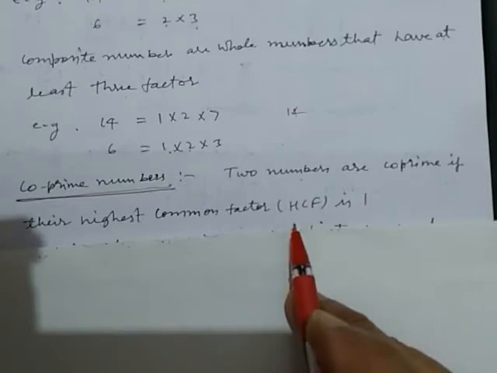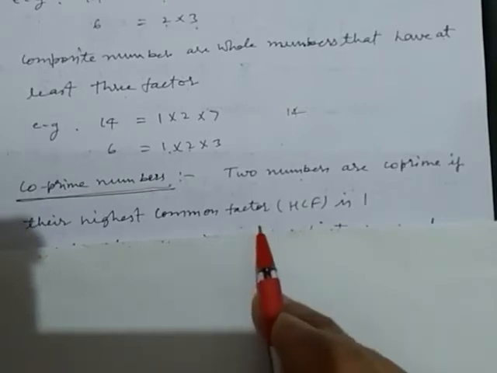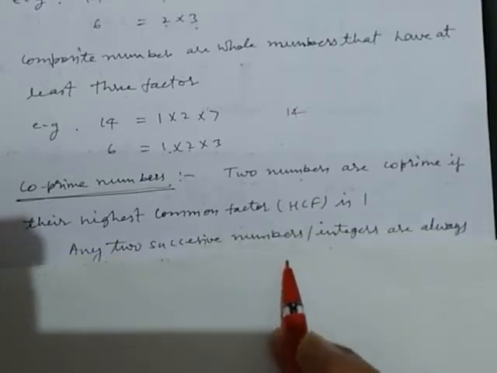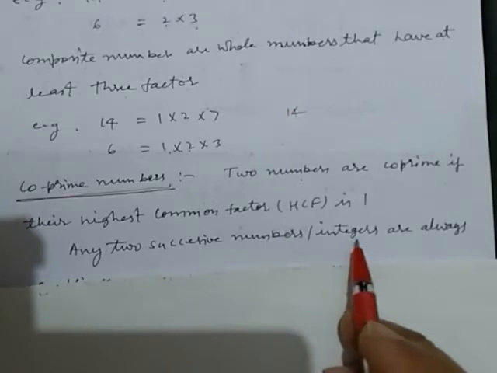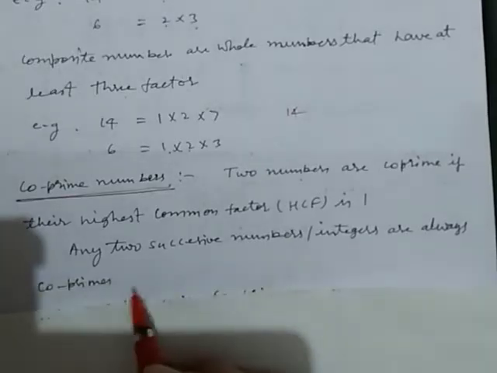Other than 1 they are not divisible by any common number. Any two successive numbers or integers are always co-prime.